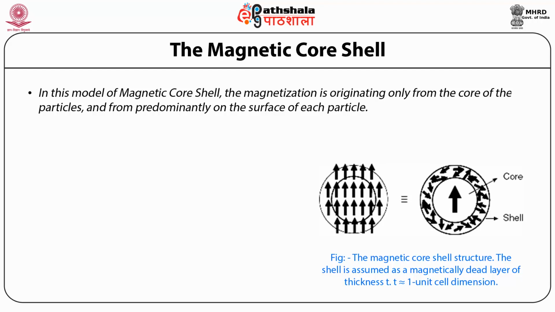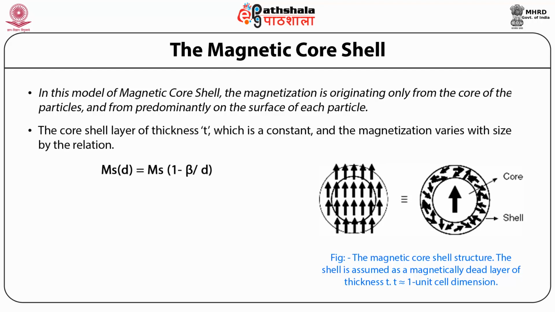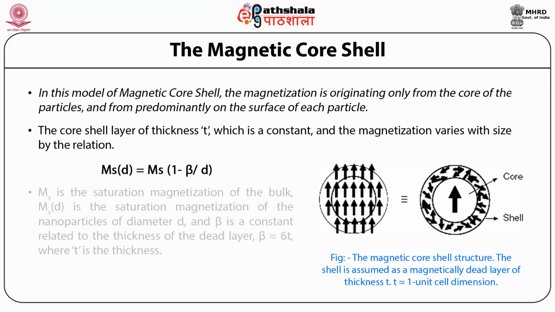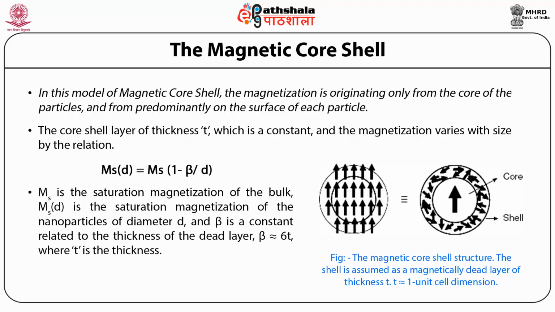of each particle. The shell layer has thickness t, which is a constant, and the magnetization varies with the size by the relation Ms(T) = Ms(bulk) minus beta by D, where Ms is the saturation magnetization of the bulk, Ms(T) is the saturation magnetization of the nanoparticle of diameter d, and beta is the constant related to the thickness of the dead layer.